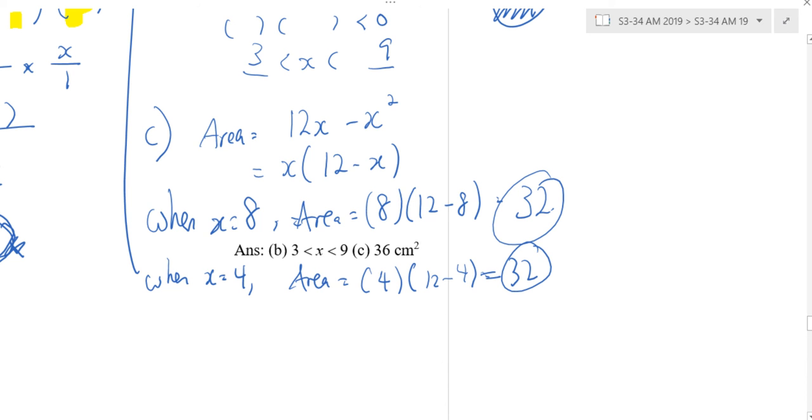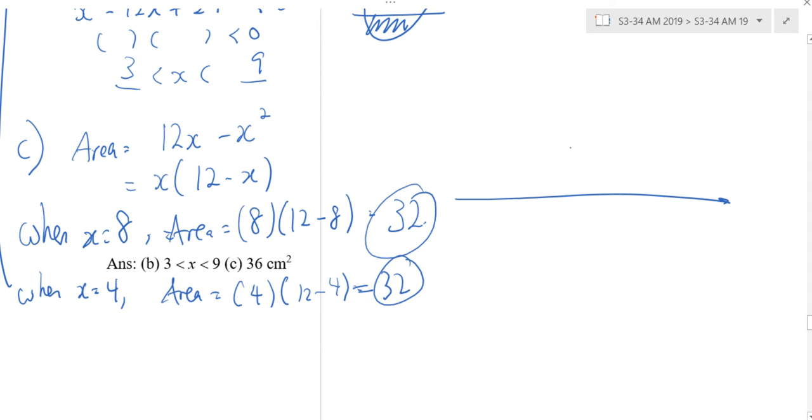So, can we go back to the graph again? Can you draw the graph? This is 3, this is 9. Agree? And you want any number that is below. Do you see that x itself can vary in between here? But there is a special point, which is the turning point.